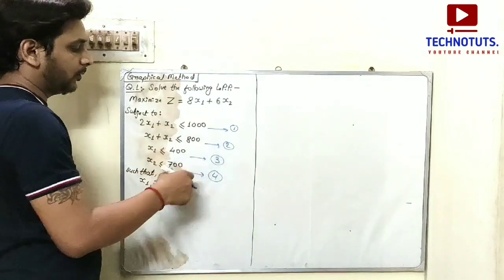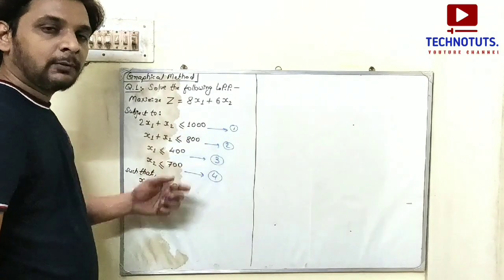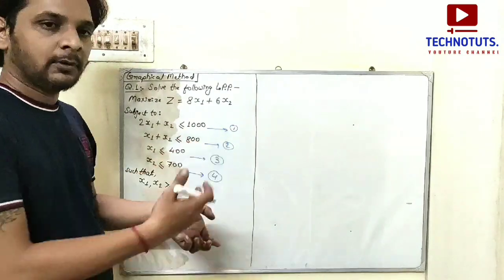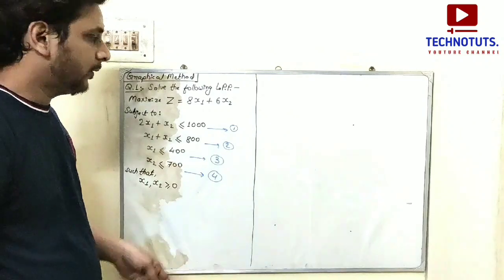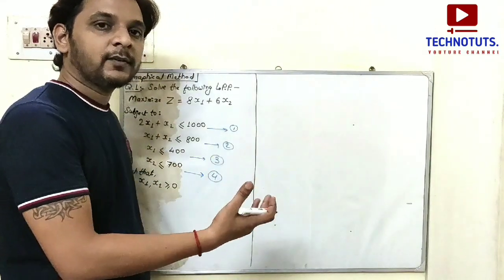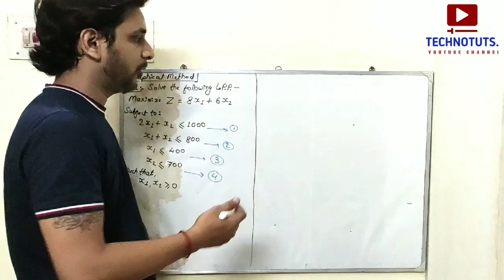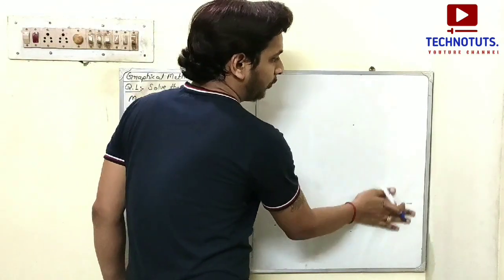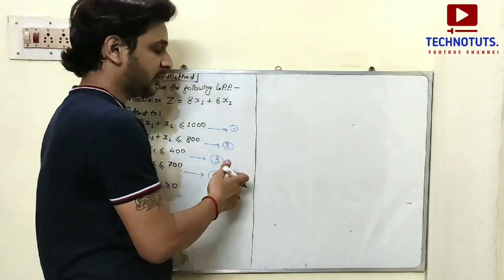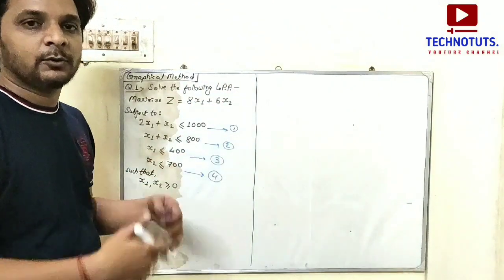Let us consider all the equations one by one. In the graphical method, we have to find the coordinates for each equation for plotting the graph. That is what is known as the graphical method.